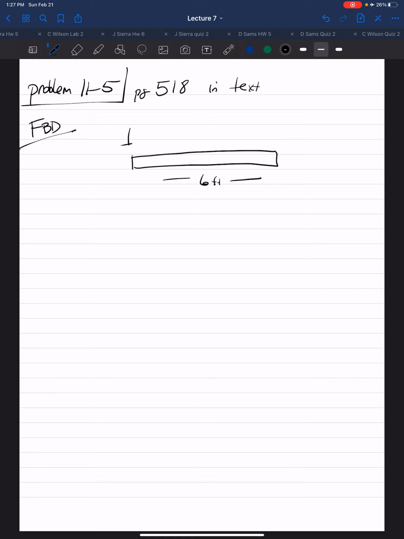You have a 300-pound force at the end. This is 200-pound force per foot, the intensity here. Cantilevered at A.